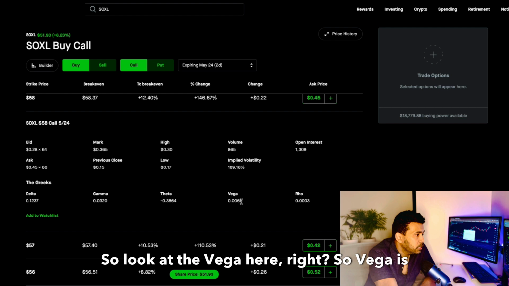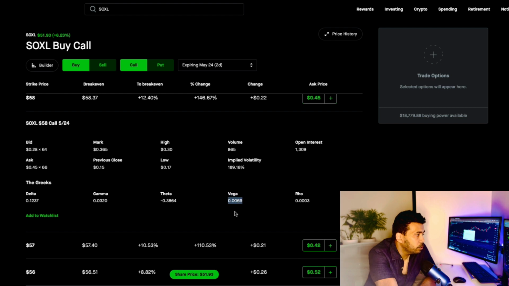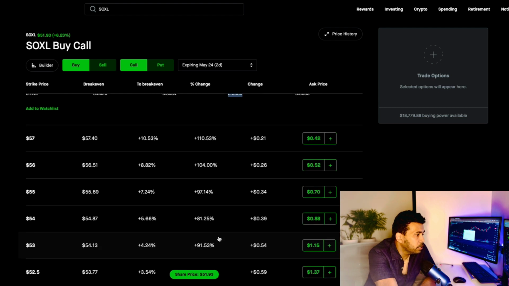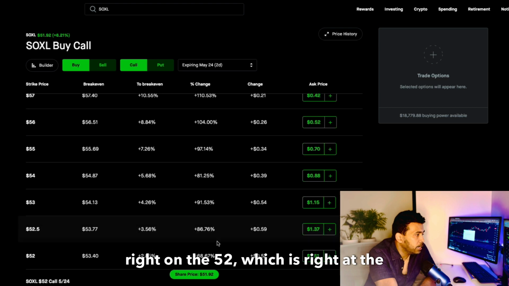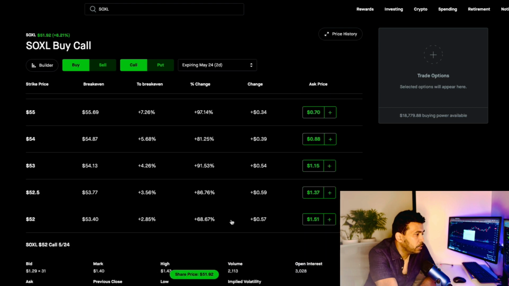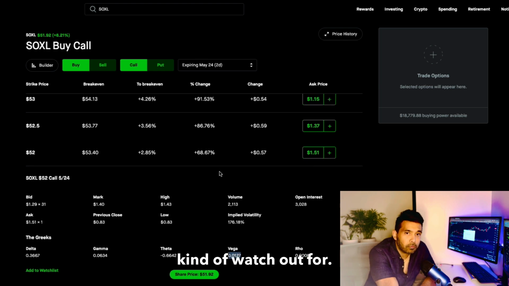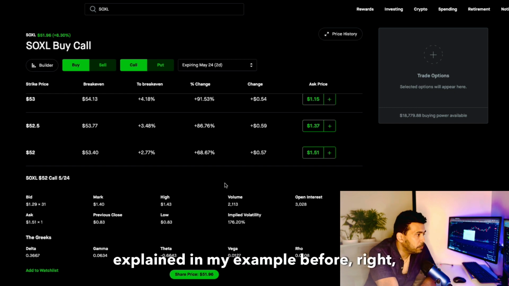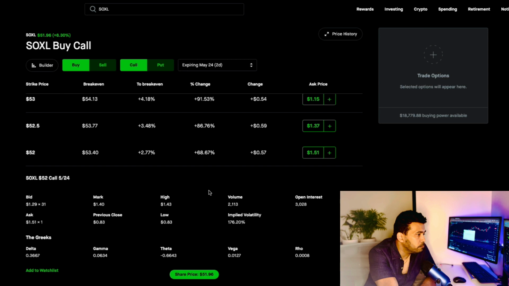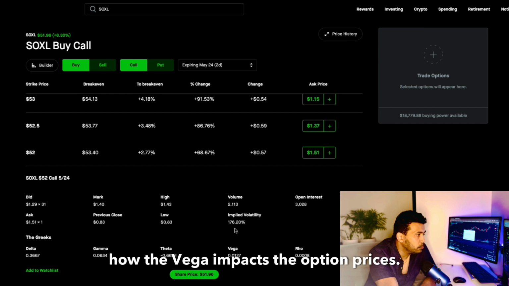Vega is low compared to if you come down here, on the 52, which is right at the money, your Vega is high. So that's one part of Vega that you need to watch out for. And another, as I explained in my example before, is how Vega impacts the option prices.